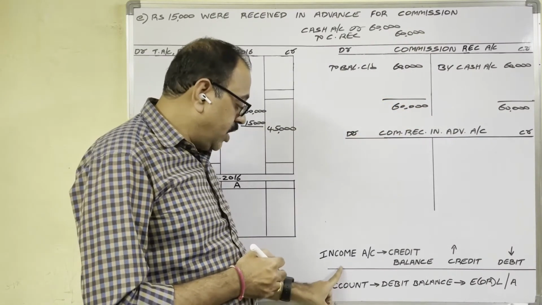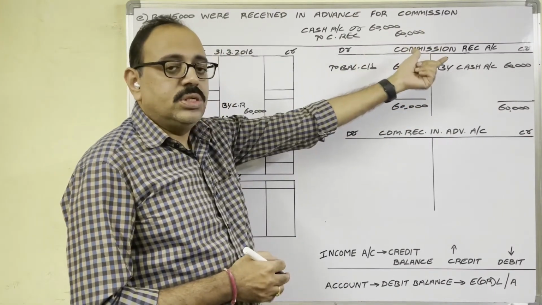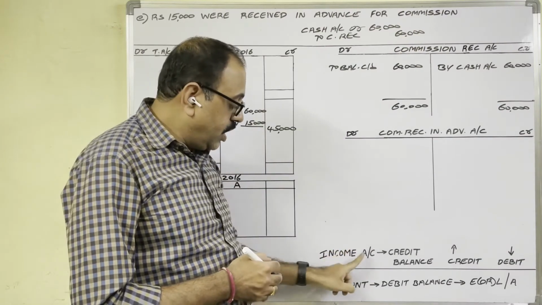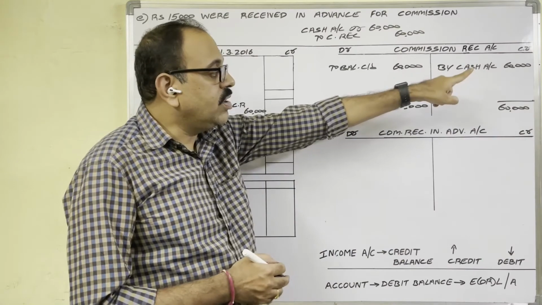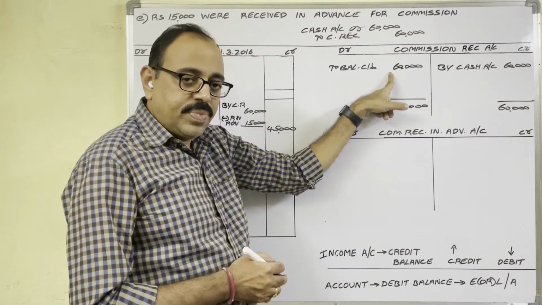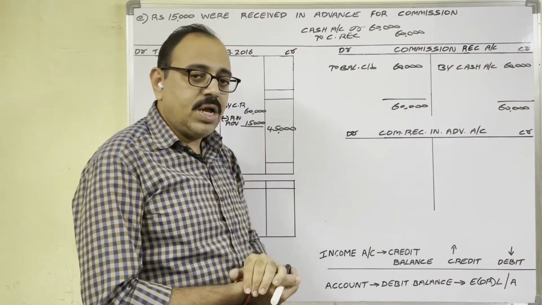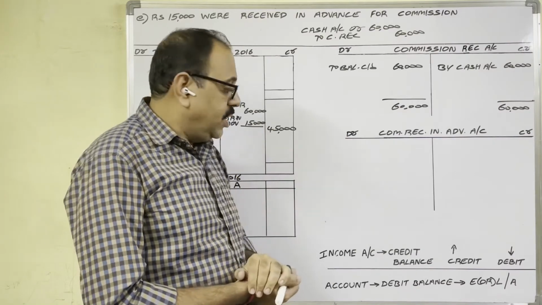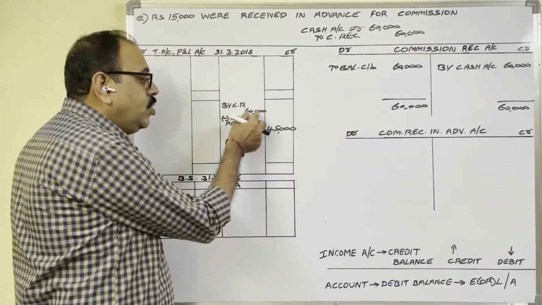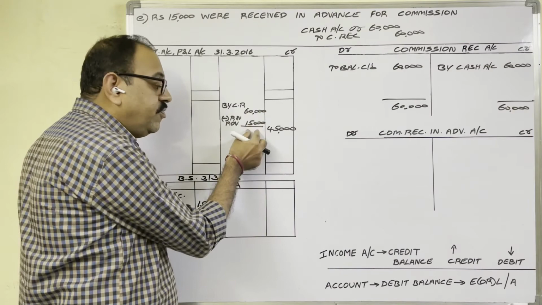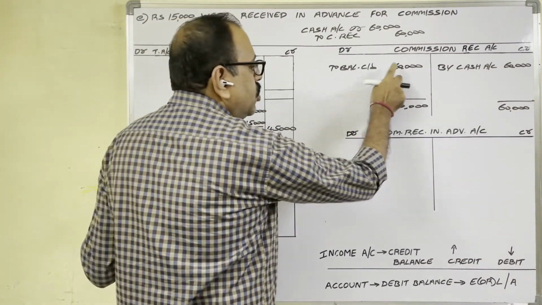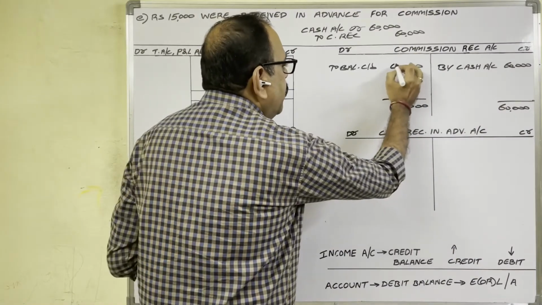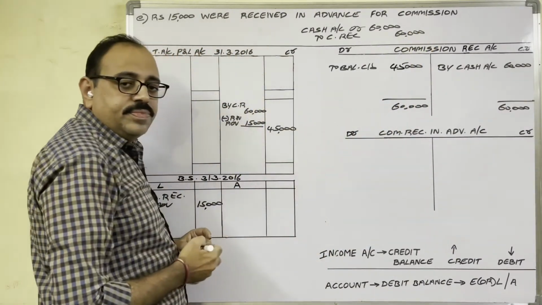So that is what I wrote here. Commission received account is an income account, and an income account shows a credit balance, meaning the credit total will be more than the debit total. So the balance carried down comes on the debit side. And in the present problem, I want to decrease this income by 15,000 rupees. Instead of 60,000 rupees, I want 45,000 rupees here.